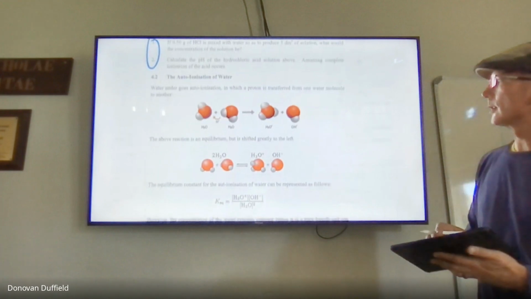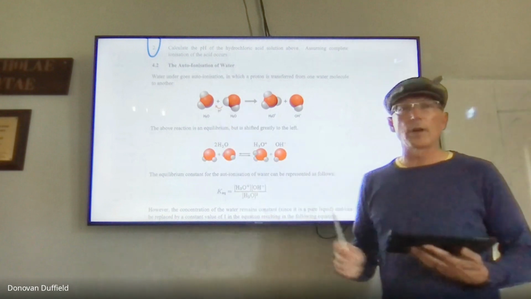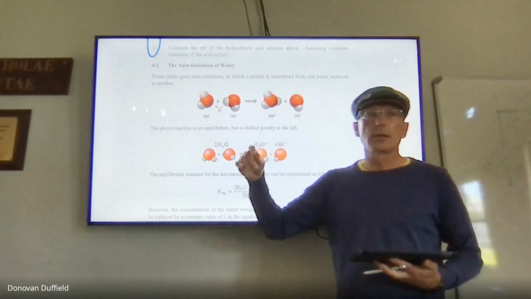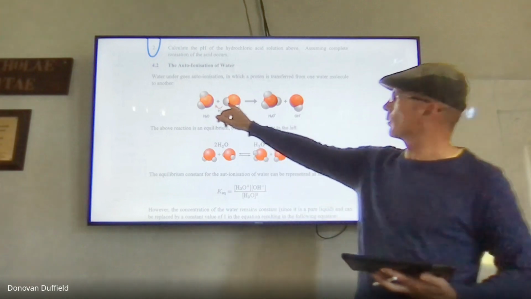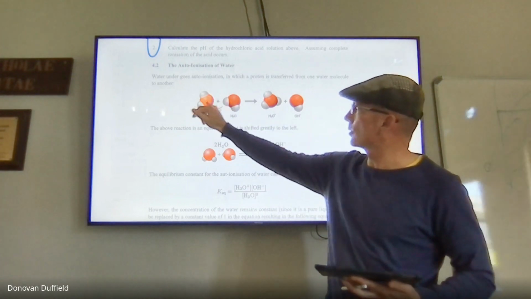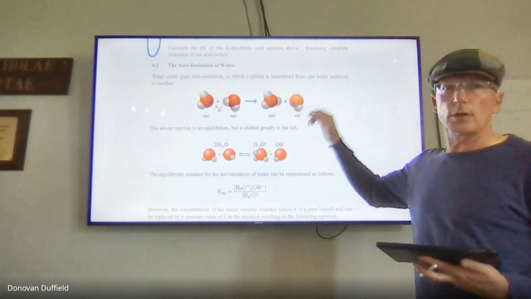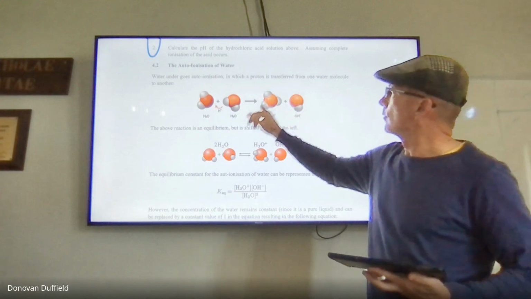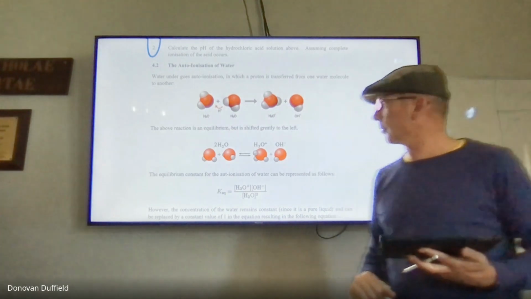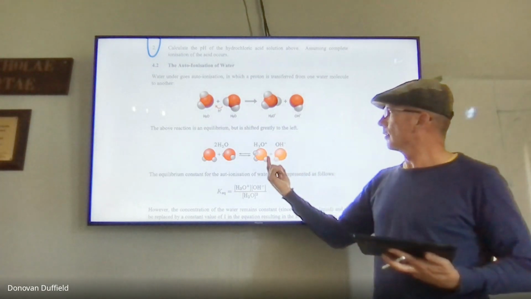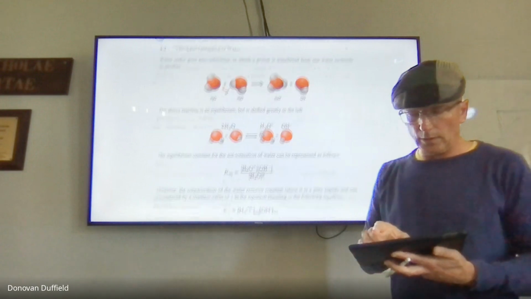Here's the auto-ionization of water, right? 2 water molecules in a very rare event will collide with a high enough energy and at the correct orientation that one of the hydrogen ions from one of the water molecules will stick, forming a hydronium ion and a hydroxide ion, due to this water molecule losing its hydrogen ion to the other molecule. This results in hydronium ion and hydroxide ions in solution, but it's a very, very small amount.